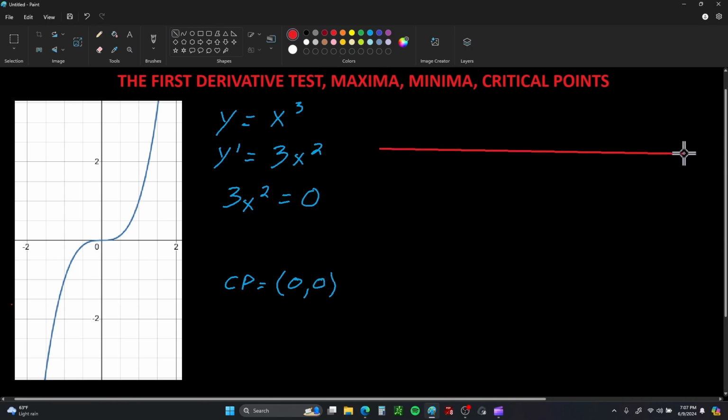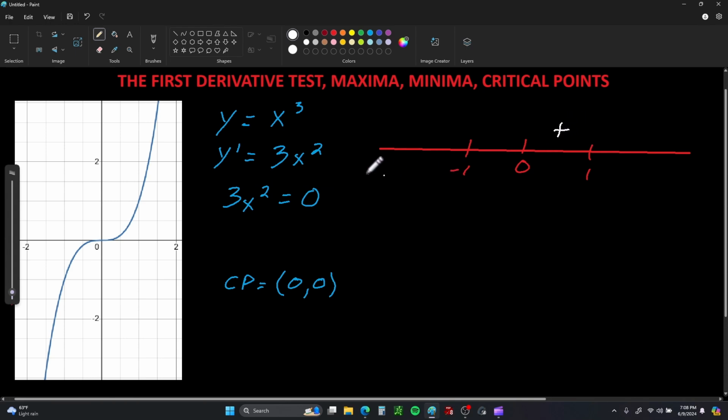Looking at a number line, I know my critical point is 0. And I want to know what happens to the left and to the right of the slope being 0. And that'll tell me if it's an increasing or decreasing function. So I'm just going to pick -1 and 1, really close, whole numbers, easy to work with. If I put in a 1 here, I get 3 for the slope, it's positive.